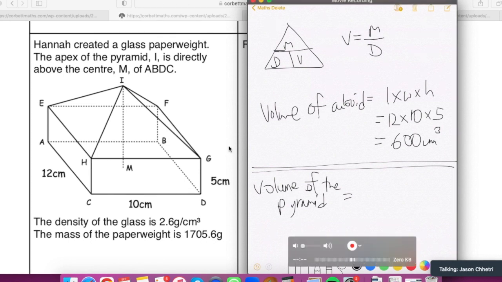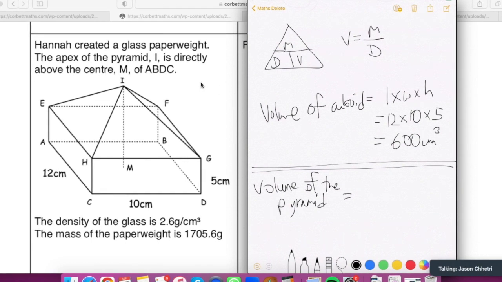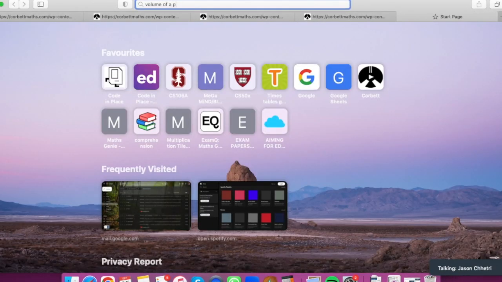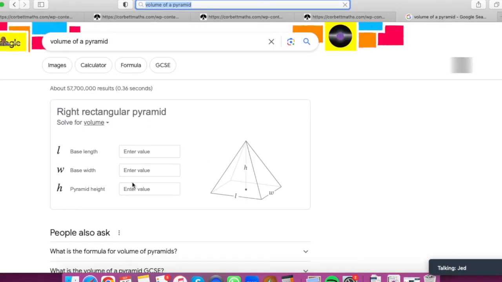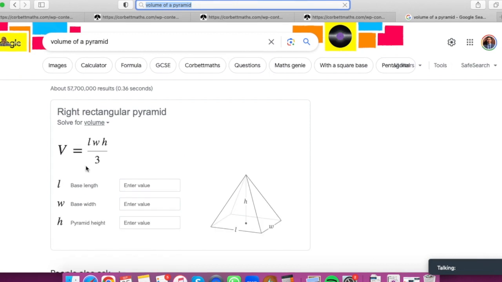I believe the formula for the volume of the pyramid is a third multiplied by the area of the base multiplied by the height. But I'm just going to check that real quick. Volume of the pyramid, rectangular pyramid, a third times the length.